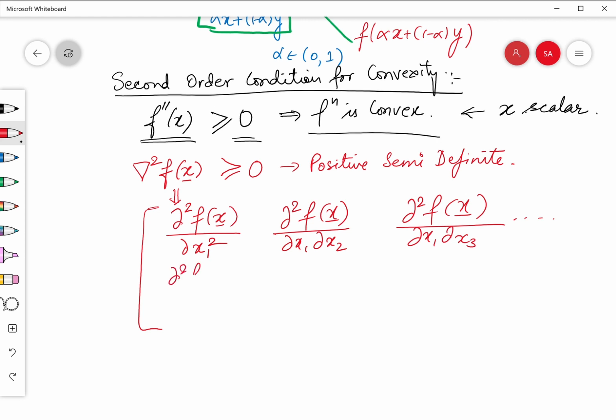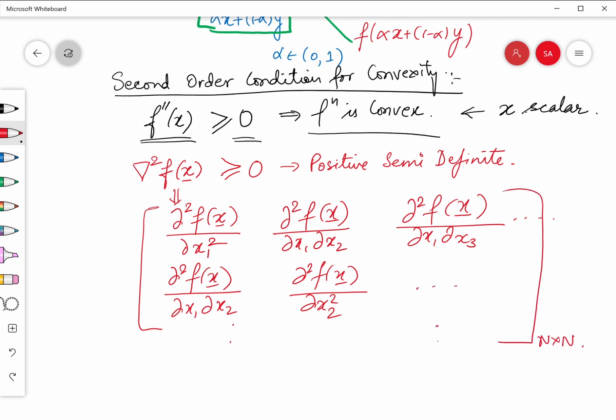Similarly, in the second row, you have del 2 f(x) over del x1 del x2, del 2 f(x) over del x2 square, and so on. Okay, so this will be your n cross n matrix.